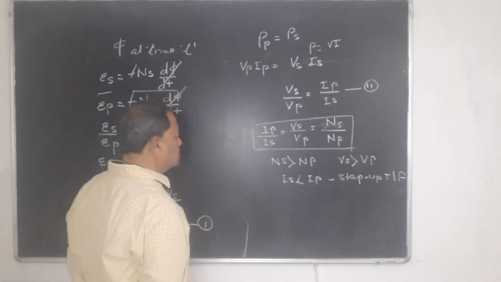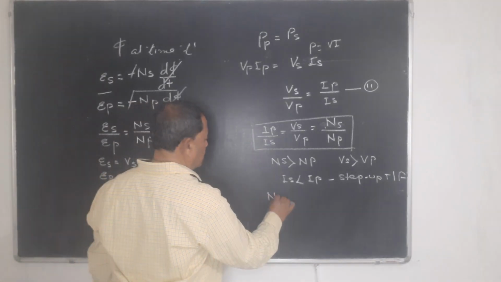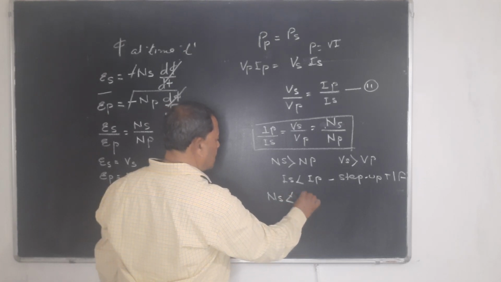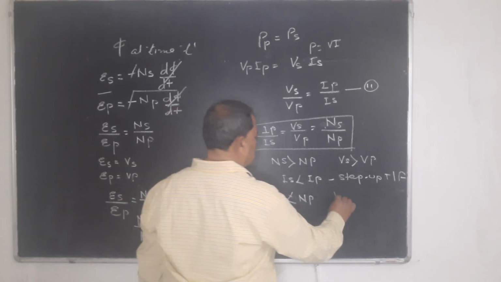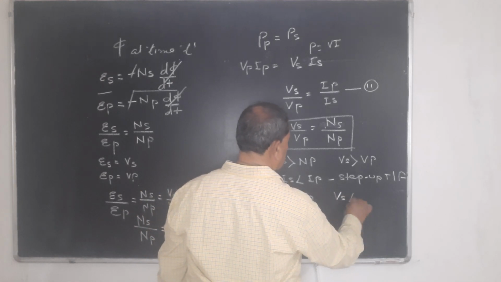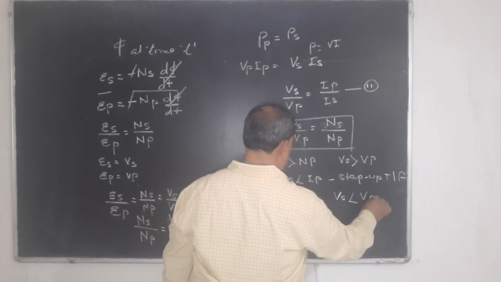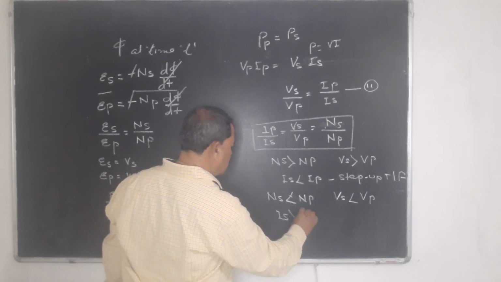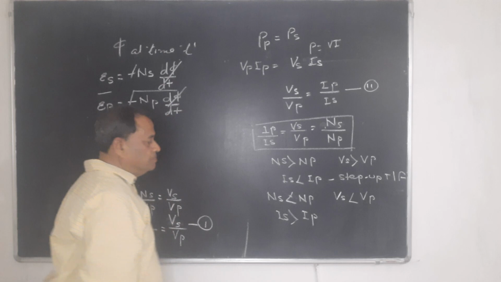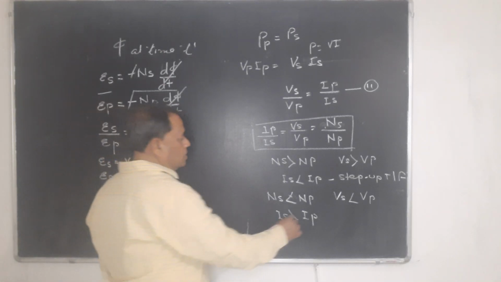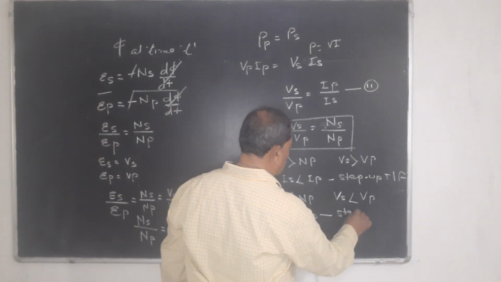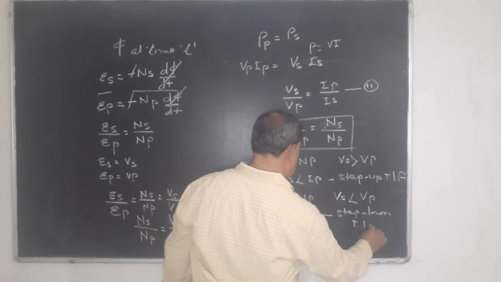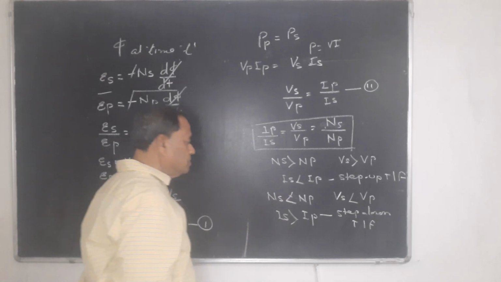On the other hand, if Ns is less than Np, then Vs is less than Vp. In that case, Is is more than Ip. This type of arrangement is called step down transformer.